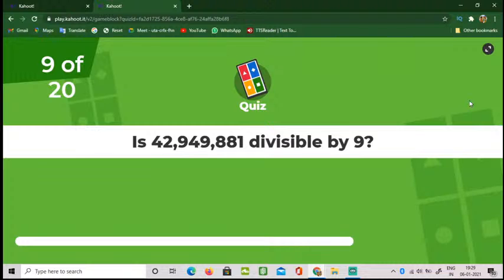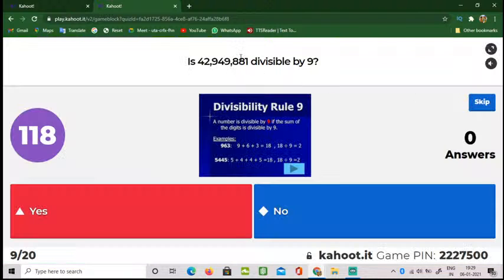So now the question is: is the number 42949,881 divisible by 9? The divisibility rule of 9 is just the same as for the number 3. So I've got two answers already.